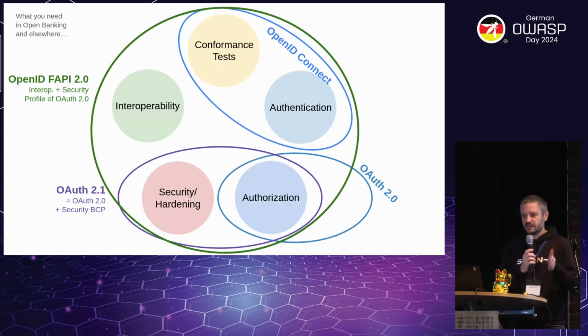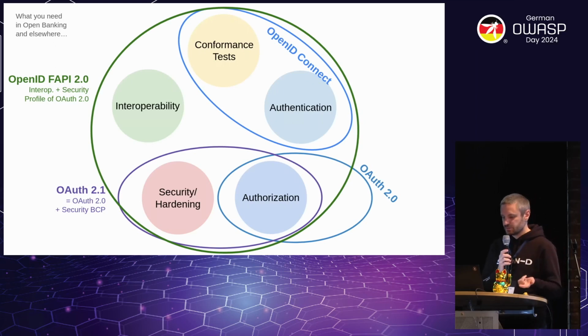FAPI is a profile of OAuth. And this profile covers the interoperability part, the security part, covers all the recommendations we have in the security BCP. There are conformance tests. You can use OpenID Connect with it. And it's even a little bit more secure than what you find in OAuth 2.1.